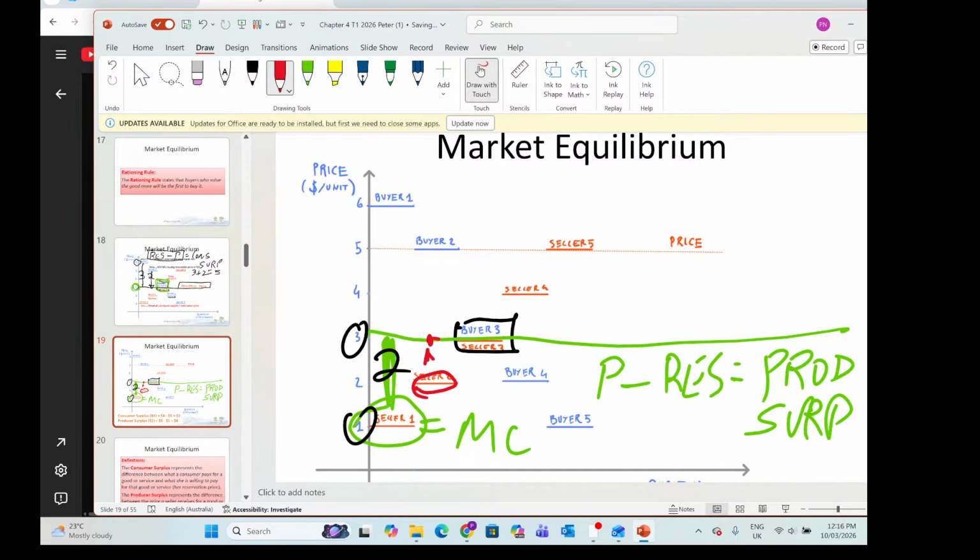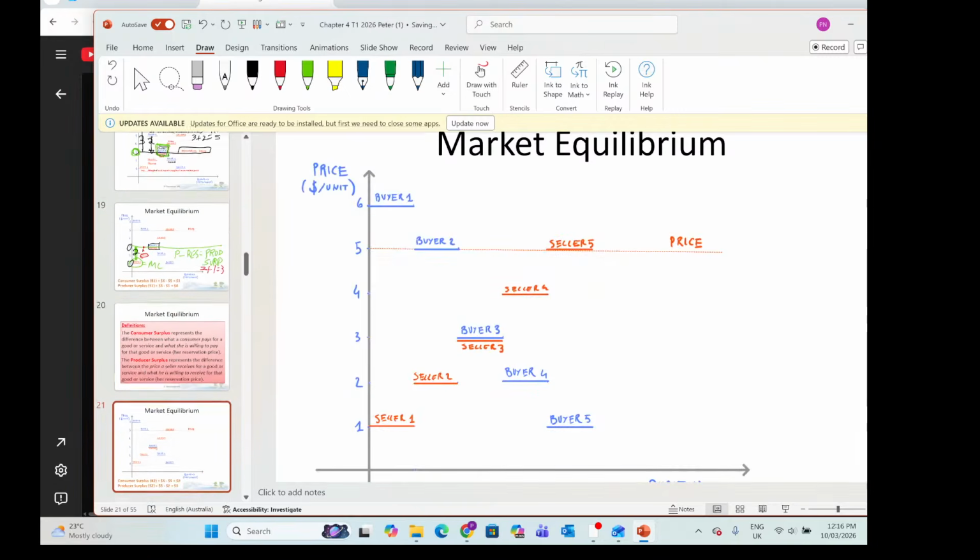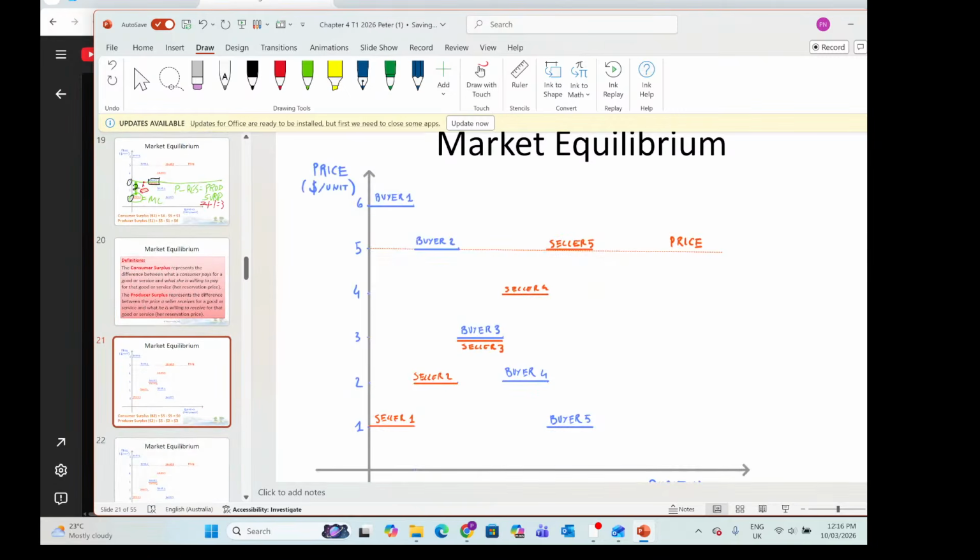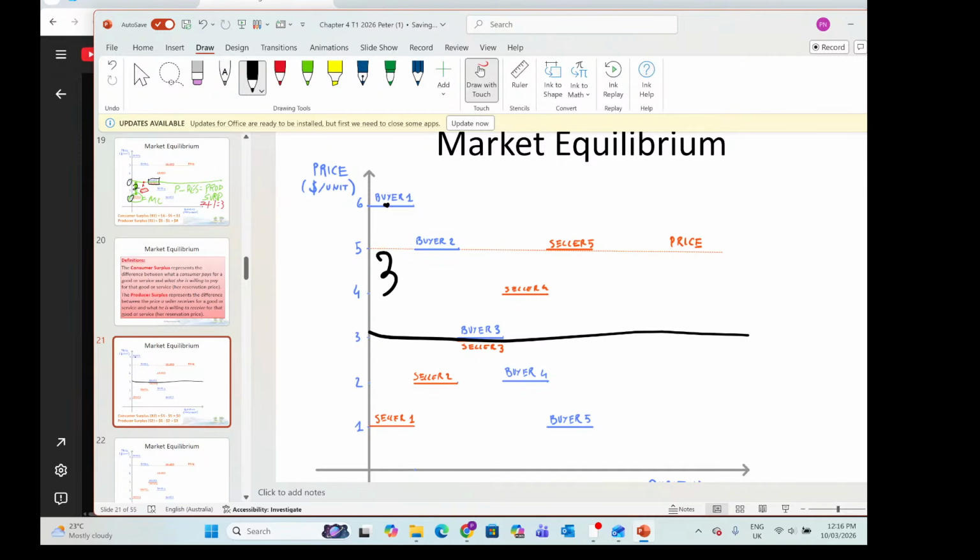So the producer surplus is 2 for the first producer and 1 for the second producer, and that adds up to 3. And then if we think about putting all of this together, we have an equilibrium price. We have 3 going on for the first buyer, 2 going on for the second buyer.